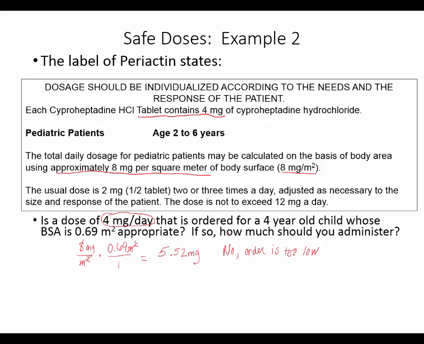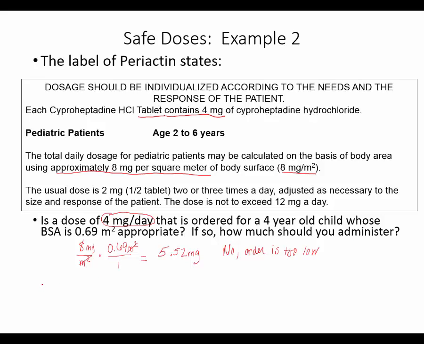And then it says, if so, how much should you administer? Well, it's not appropriate, so I should not administer anything. I do want to address this question, though. If we had come up with an answer of yes, when we figure out how much to administer, we base that on the order.